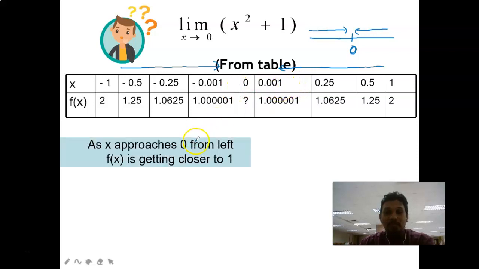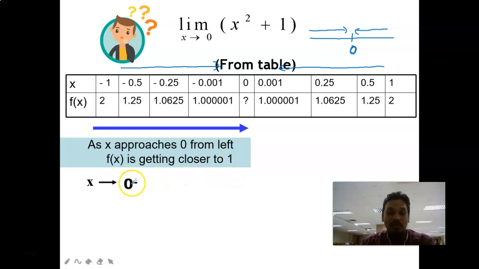So x approaching 0 from the left, f(x) is getting closer to 1. So we say that x approaching 0 from the left, f(x) approaches 1.